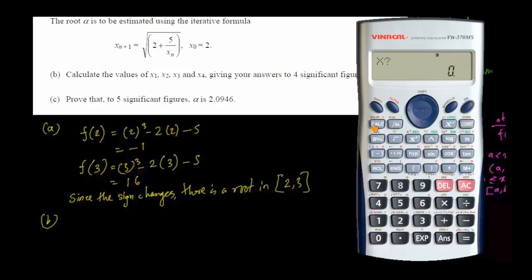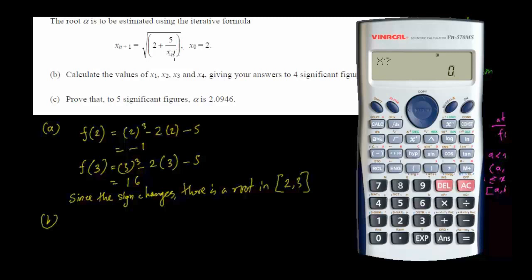If you press the calc button, that means the calculator has loaded the entire equation into the memory, and you have to put the value of x. Now n plus 1 here at the subscript means the next value of x. n means the previous value. So x naught is 2.